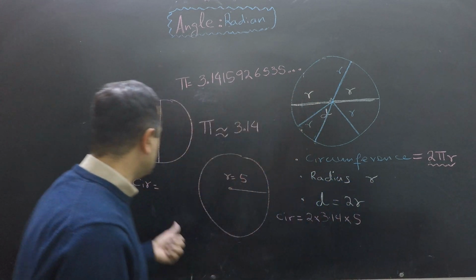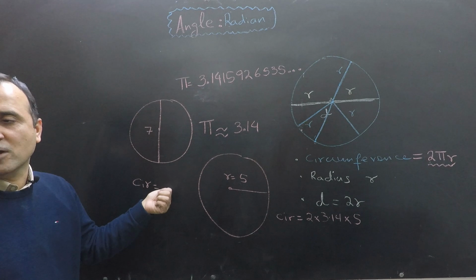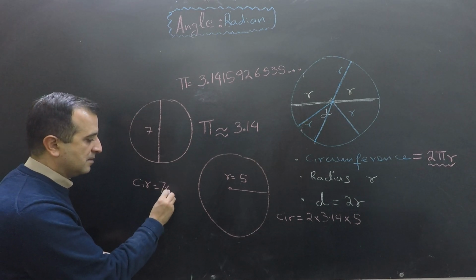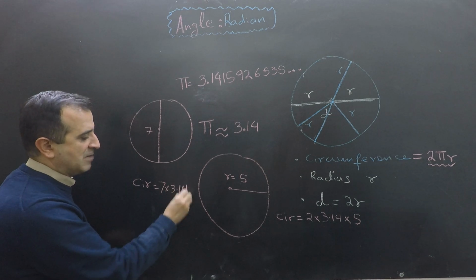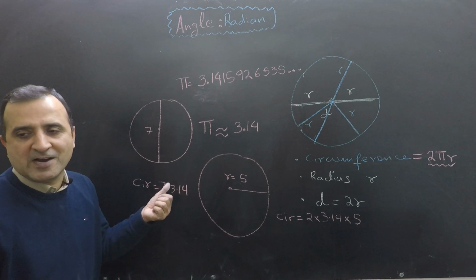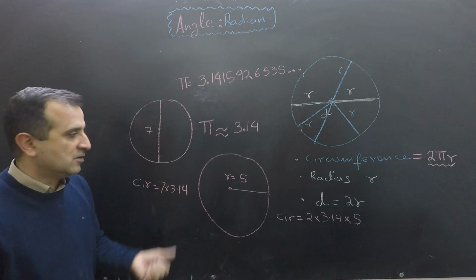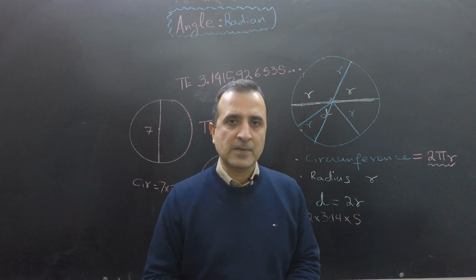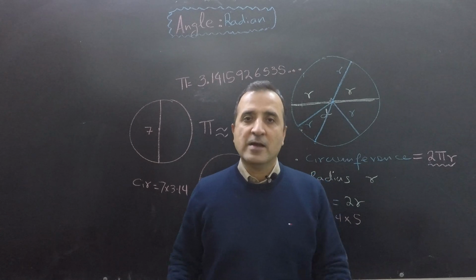So we can just use the diameter directly in the formula. What's the formula going to be? 7 multiplied by 3.14. So 7 multiplied by 3.14 is our answer. We don't have to divide by anything. Make sense?